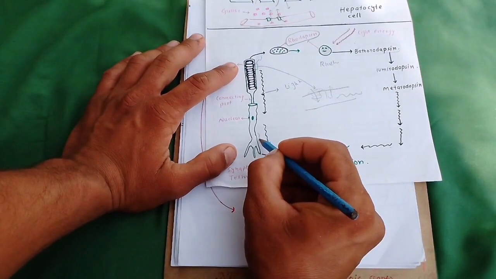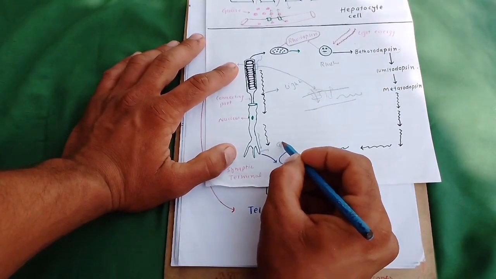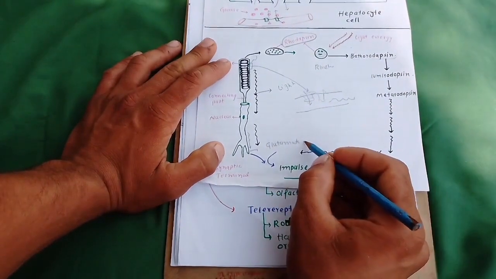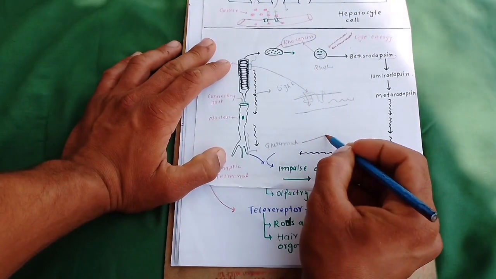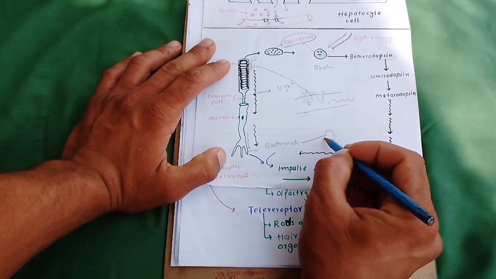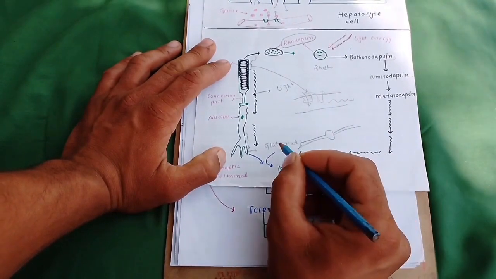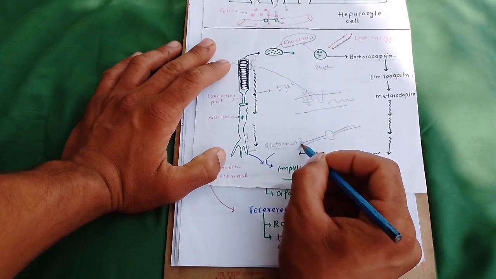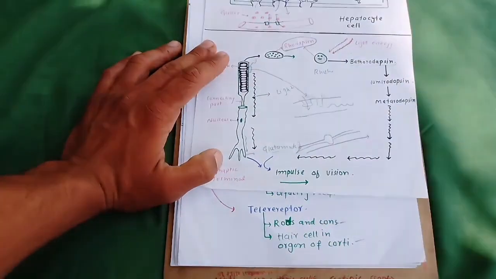When the action potential reaches the synaptic knob, the synaptic knob releases glutamate. Glutamate is attached to the bipolar cell present here. Glutamate attaches to its own receptor on the bipolar cell, and the action potential goes further in the forward direction and reaches the brain.